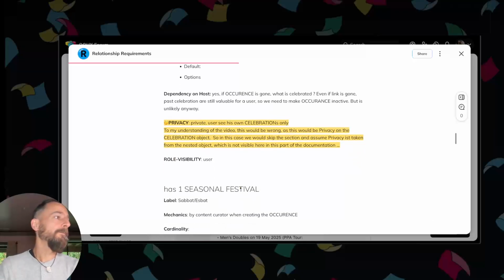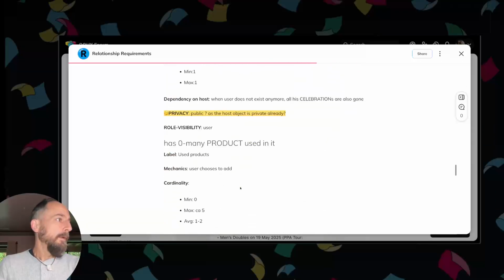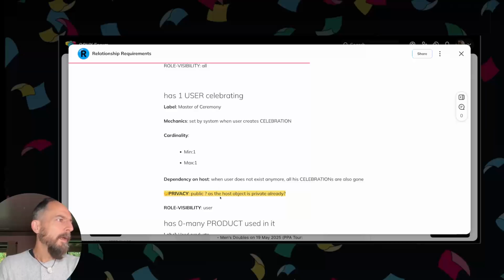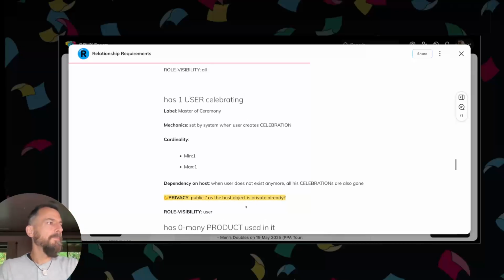Okay? Privacy. All right. Public, as the host object is private already. Okay, this is where it gets funny. This is one of those moments where if you say that the host object is private and you want the nested object to also be private, just stick with that. If you want it to be different, then change that.